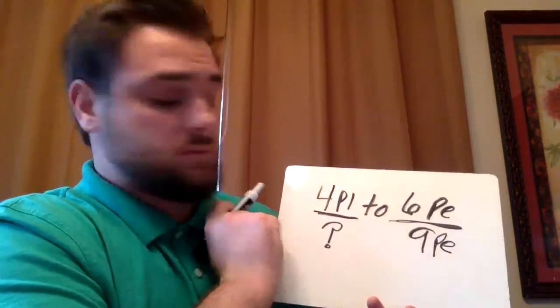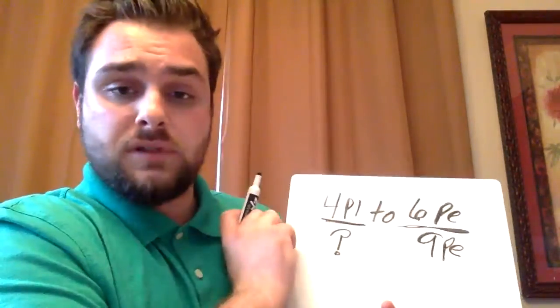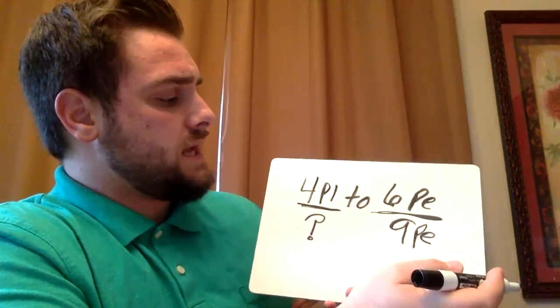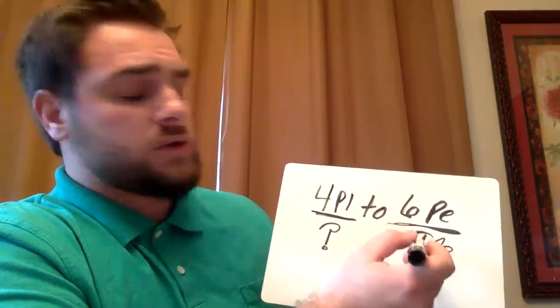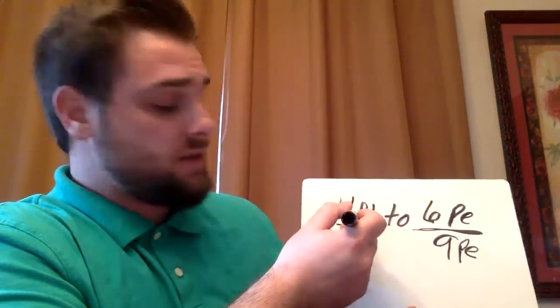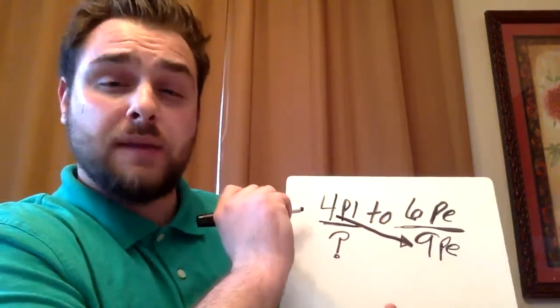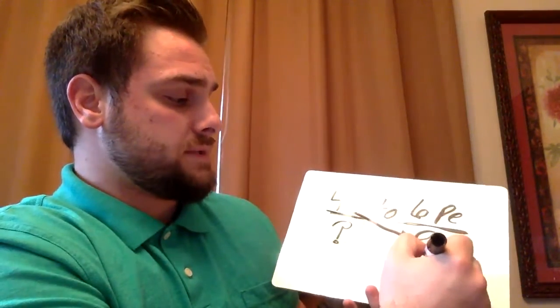So we have 4 plants to 6 people. How many plants will we have to 9 people? This is a new method that we can try, cross multiply. Take a look. We have a 4 and a 9, so you're going to multiply the 4 times the 9. We know that 4 times 9 is 36.